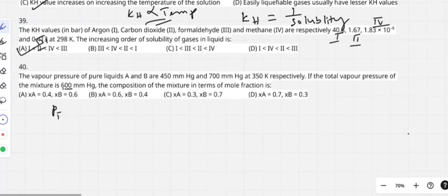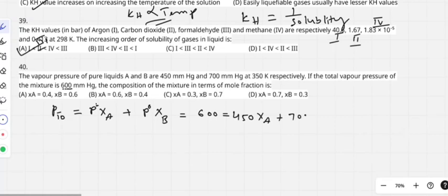Therefore, P total is equal to P naught of A XA plus P naught of B XB, that is 600 is equal to 450 XA plus 700 XB.